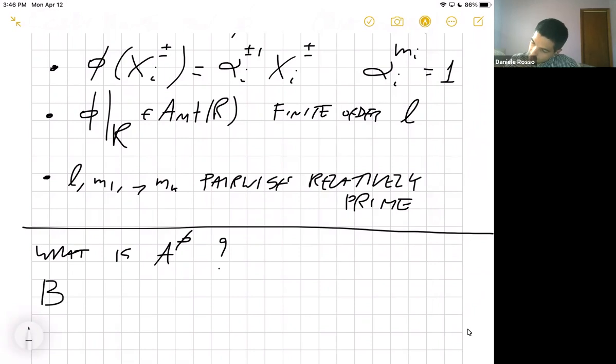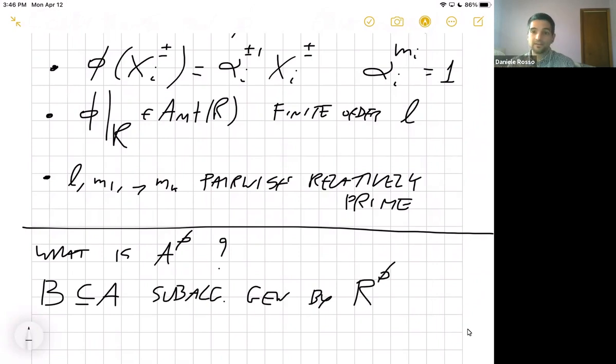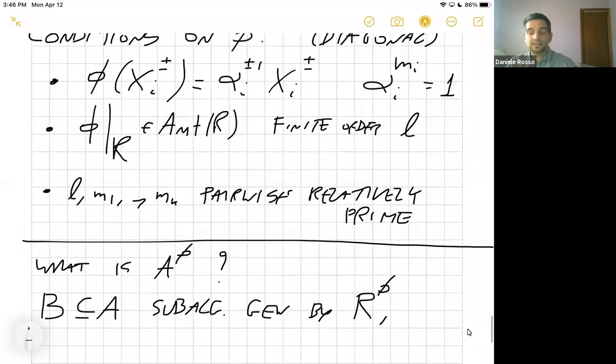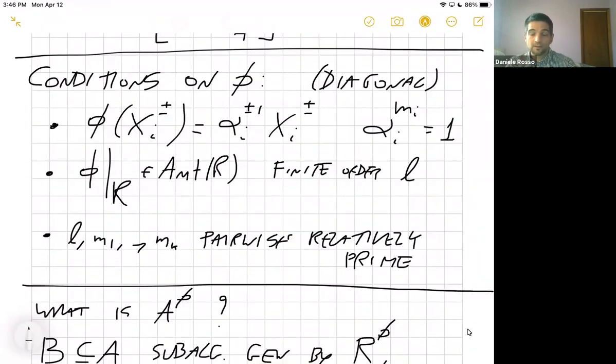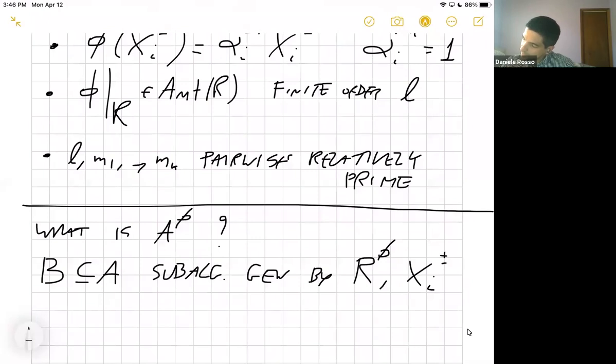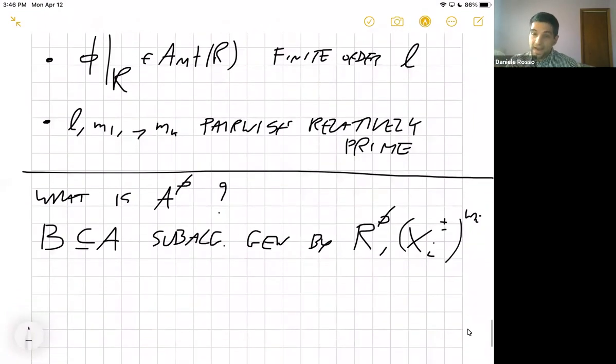This is called the algebra B, which is the subalgebra generated by, well, you need to take the fixed ring of the base ring, and then since these things act as multiplication by a root of unity, if you take the correct power of the generator, the generator to the power mi, that's going to be invariant as well, because that's when the root of unity becomes the identity again. So we can certainly take the subalgebra, and this is a TGWA.